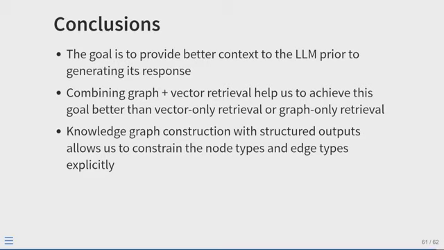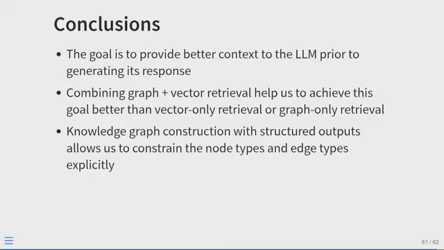So, conclusions. Our goal in RAGs is basically to provide the better context to the LLM. I'm not saying the best because it's impossible, but better context prior to generating its response. Combining graph and vector retrieval helps us to achieve this goal.